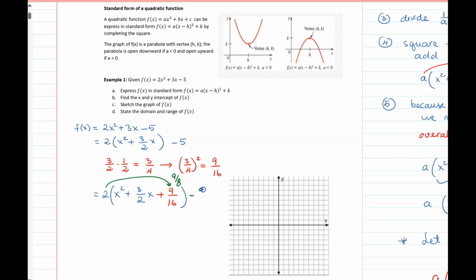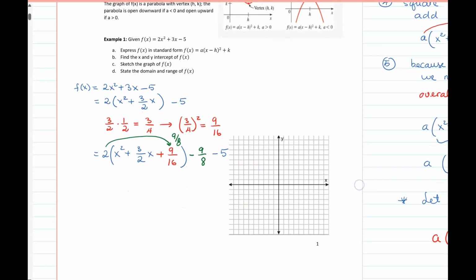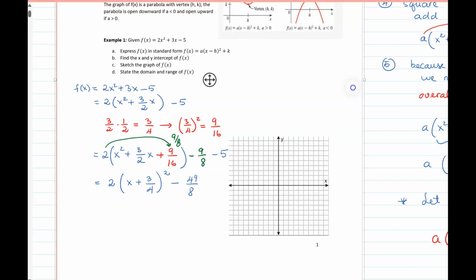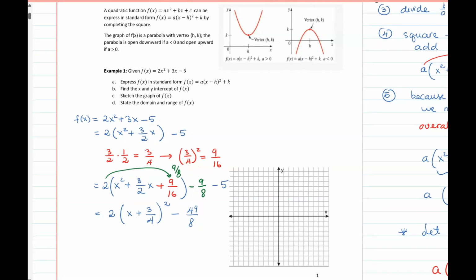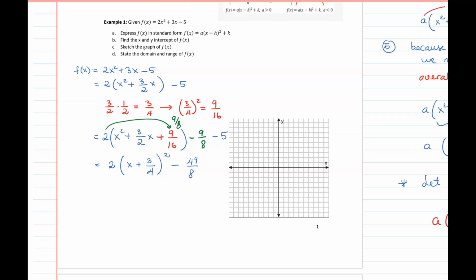So then we subtract 9 over 8, minus 5. This becomes 2 times x plus 3 over 4 squared minus 49 over 8. So now we have an equation in standard form. So that is part A.